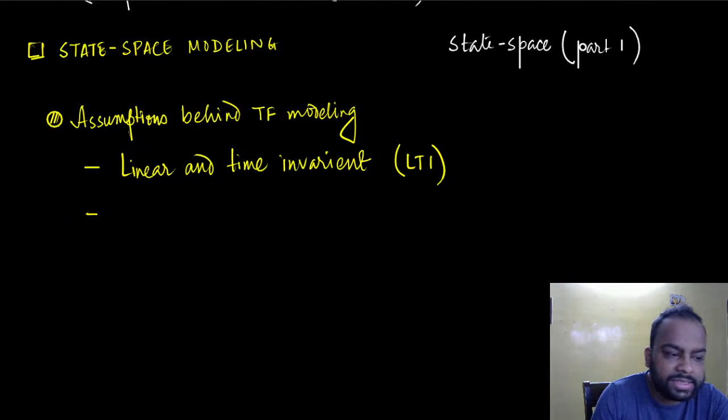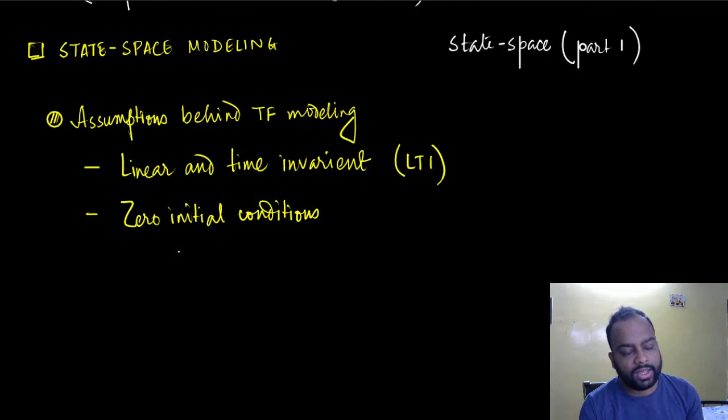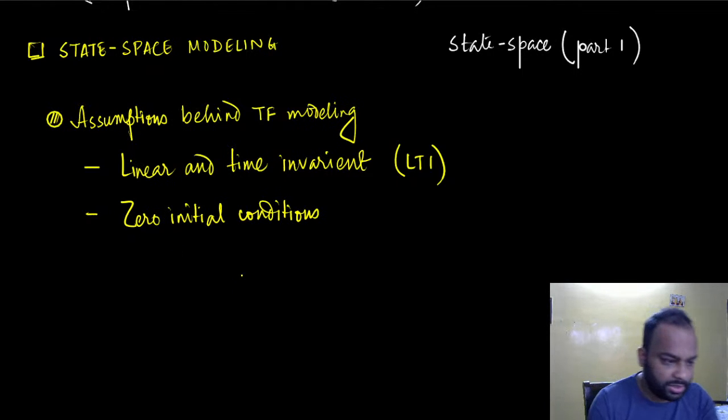The next condition is that the system will have to have zero initial conditions. So for all transfer function modeling, these conditions are essential: linearity, time invariance, and having zero initial conditions. If any of these conditions are violated by a system, you cannot model it using the transfer function technique.